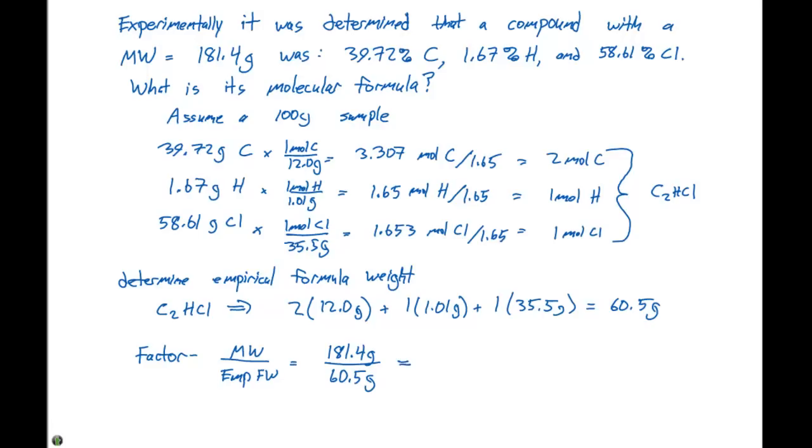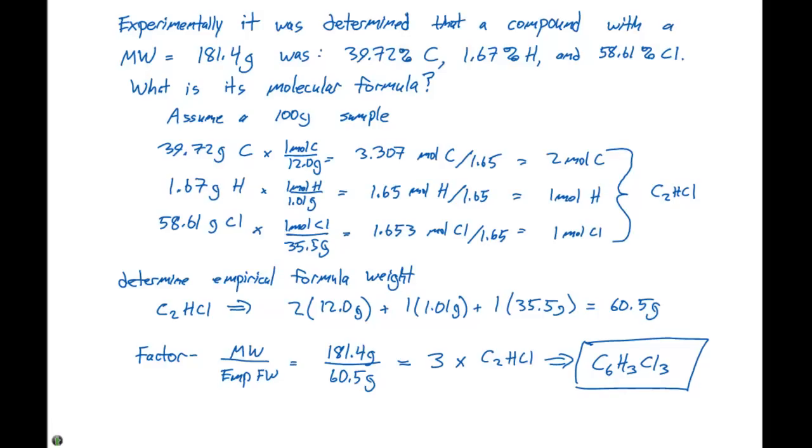If we do the calculation, that gives us a factor of 3. So we're going to have to take 3 times the C2HCl, which is going to give C6H3Cl3, and this is our molecular formula.